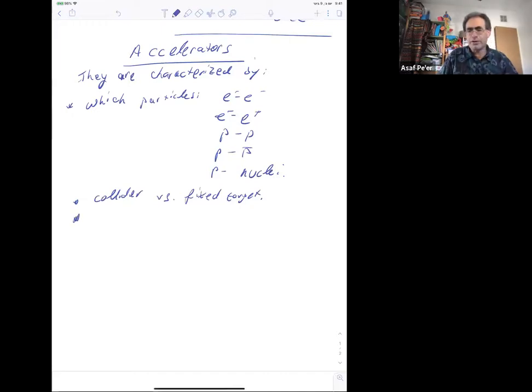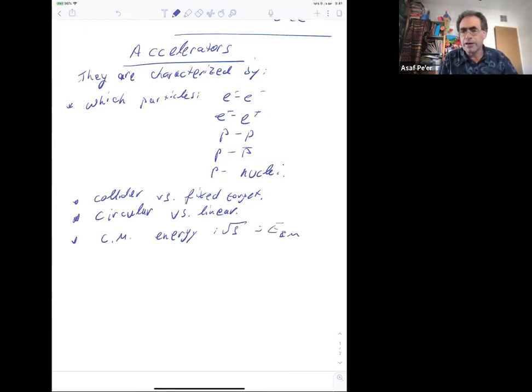The other one is circular versus linear. And of course, the most important is the center of mass energy, the square root of s, which we discussed. It's the most notable one: what is the energy that one can get to? And of course, the luminosity.